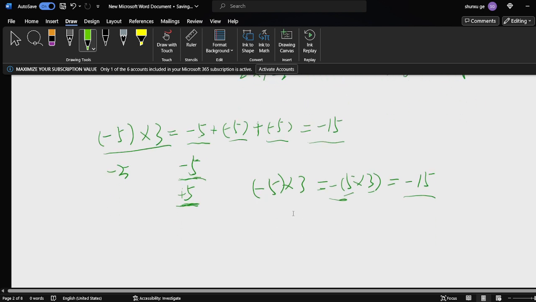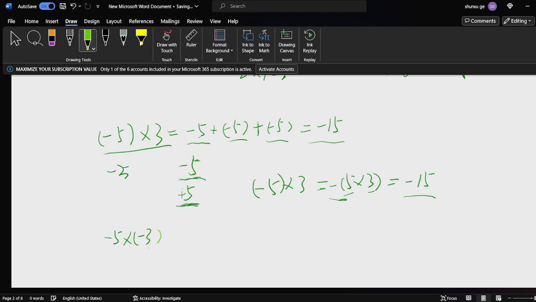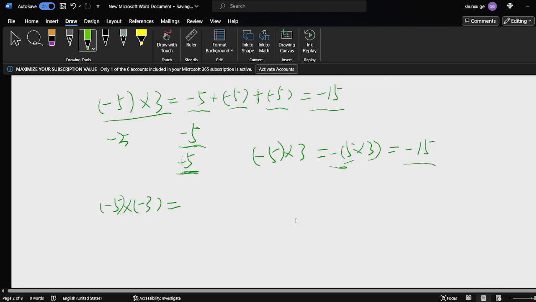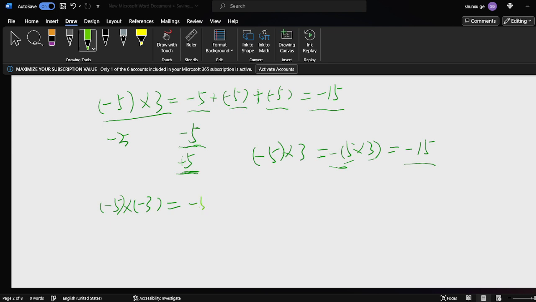Okay, that means -5 times -3. What does this mean? You can write it in two parts: -5 times 3 times -1.